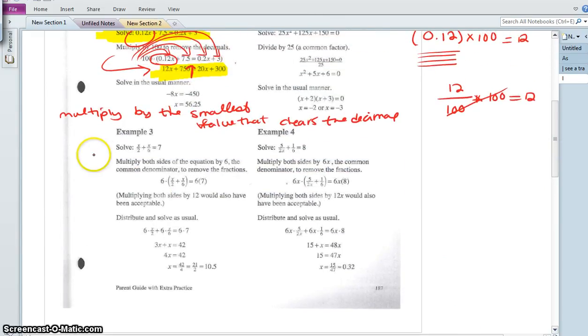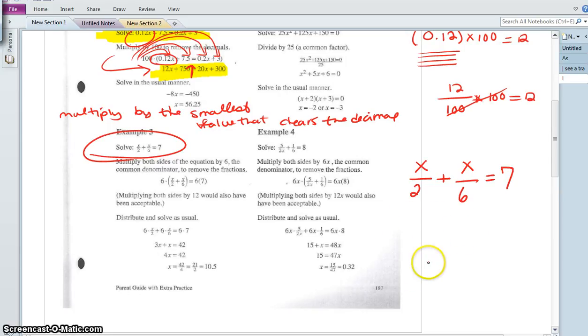In example 2, well, let's look at example 3. We have the equation x halves plus x sixths equals 7. So I'm going to multiply by the larger of these two denominators, which in this case is 6. Now that works in this case because 2 is a factor of 6.